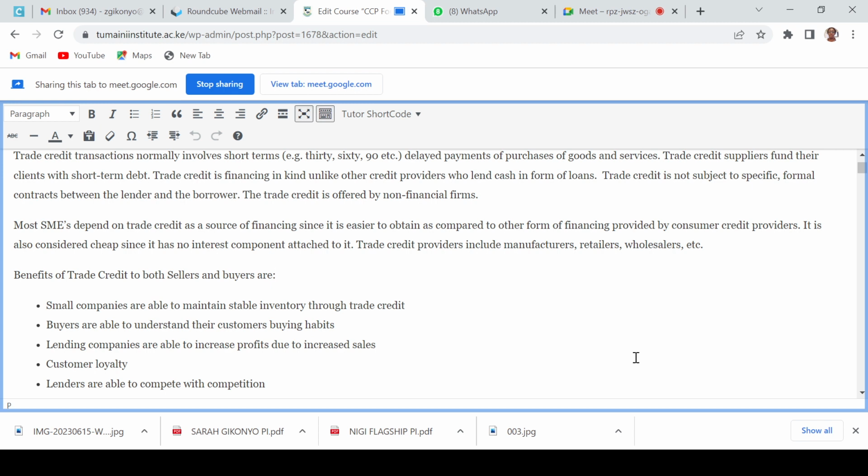So I will take a trade credit so that I can turn over my stock and raise money to pay.